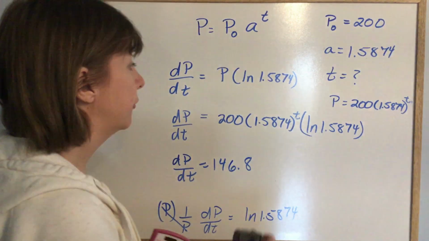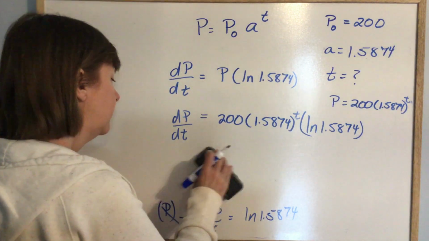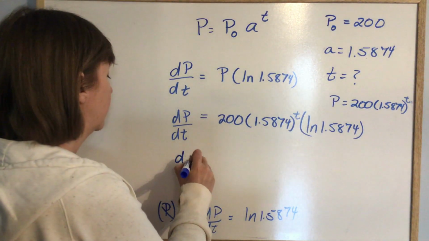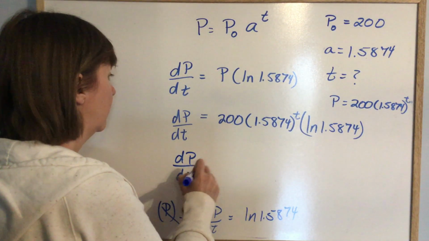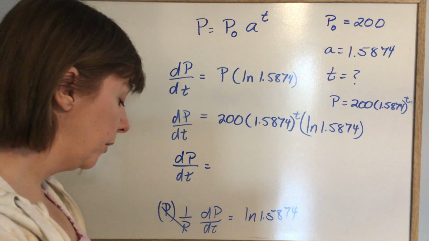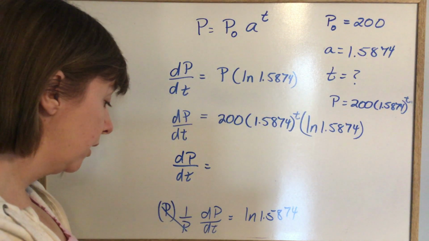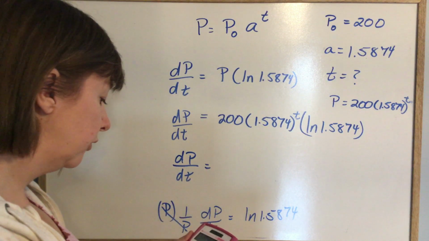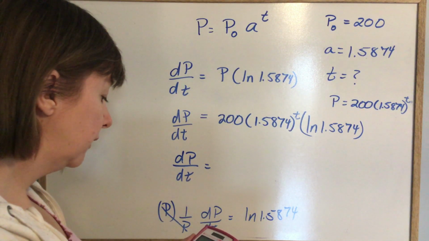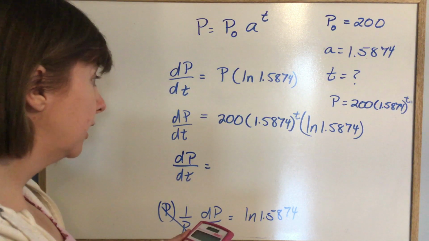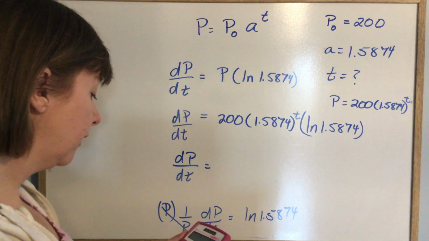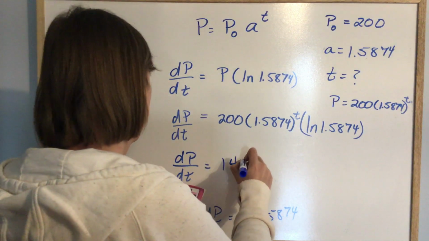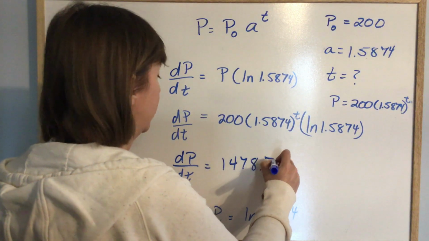So what about after 6 hours? So I would do it again, but I would put 6 in for my time. So I would do 1.5874 to the 6 times 200 times ln of 1.5874, and I get 1,478.7.